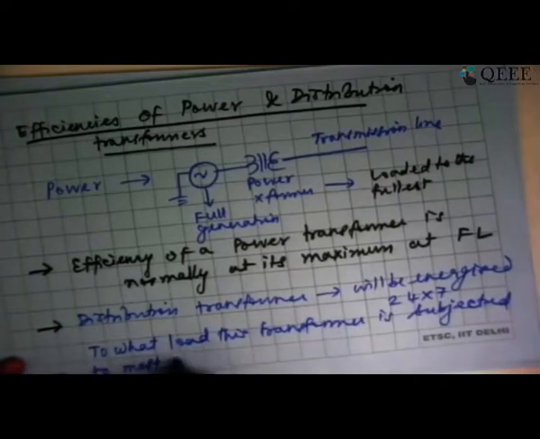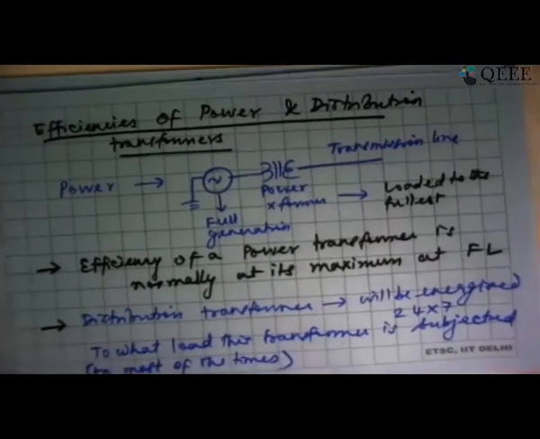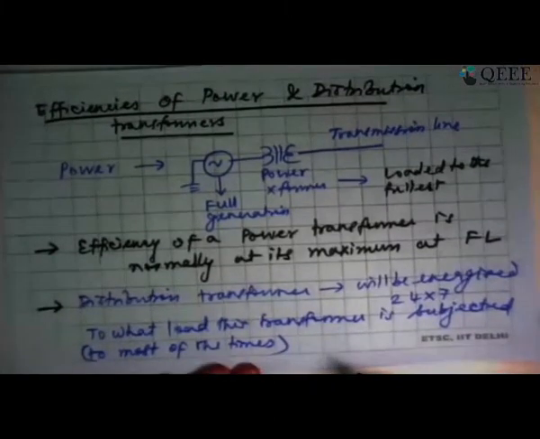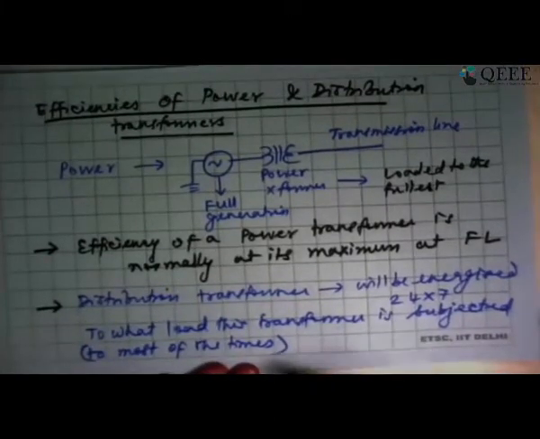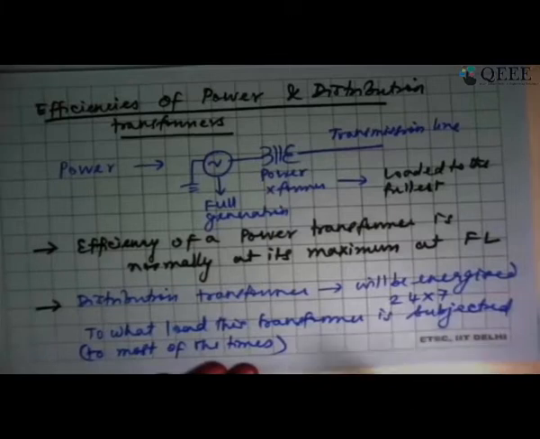That is, if I'm talking about a 24-hour day, for 16 hours maybe it is subjected to 50% load. For 2 hours it is subjected to 100% load. Another 2 hours it is subjected to probably 75% load.